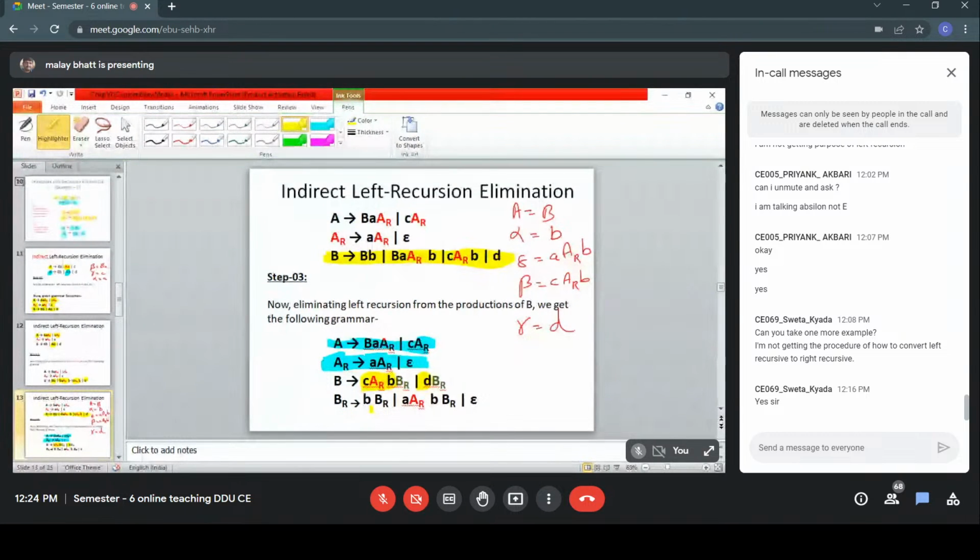So alpha is your B, so alpha BR. Then we have a delta BR. So delta is your small a, AR, B. So delta BR and null. So now you can see, now we will not face that issue at all.